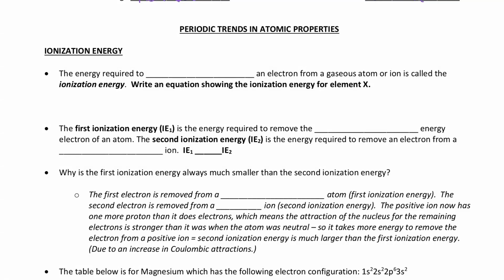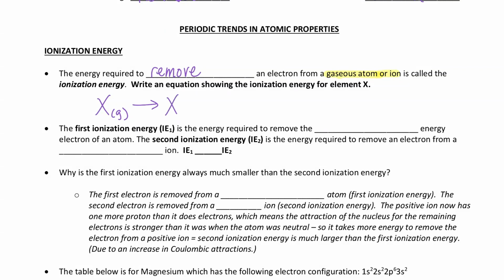Ionization energy is energy required to remove an electron from an atom in the gaseous state. Okay, you may want to note that, okay, atom or ion. So we're going to write a general equation for this. Okay, some atom in the gaseous state.